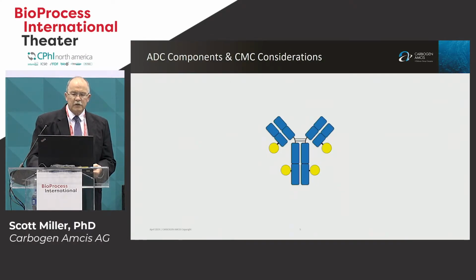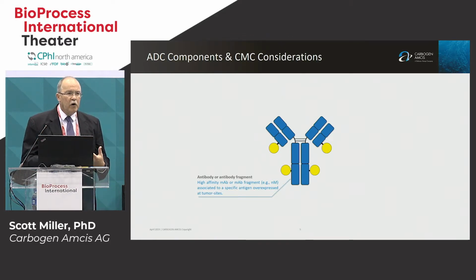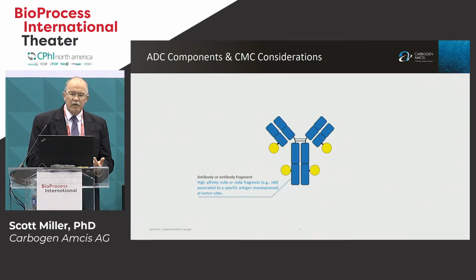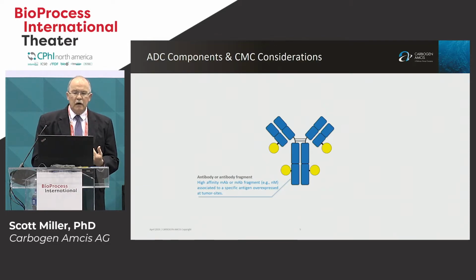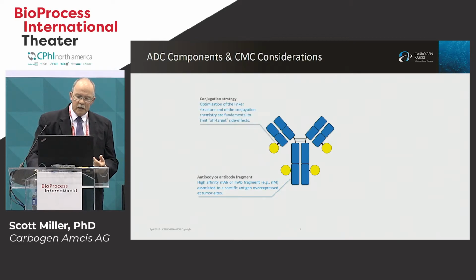A little bit more of a cartoon. Some of the issues that need to be considered that are part of the whole development of an ADC. You have the antibody. As we've heard in previous talks, these can be fragments, these can be any number of things. The ones on the market right now are IgG whole antibodies. High affinity, and they're usually associated with an overexpressed antigen on the target cell, the tumor site in this case.